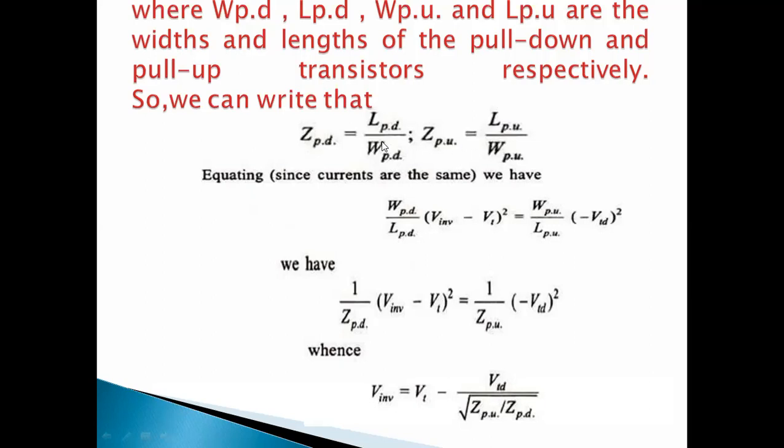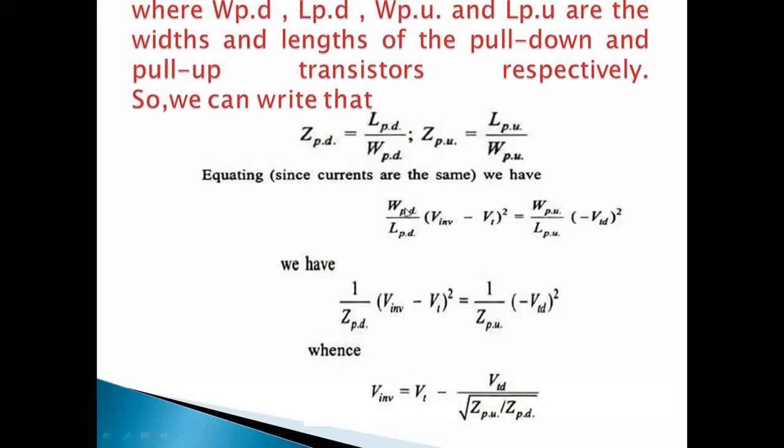We are writing that ZPD equals LPD divided by WPD and ZPU equals LPU divided by WPU. Then from the above equation that we have equated, just substitute: LPD divided by WPD equals ZPD and LPU divided by WPU equals ZPU.